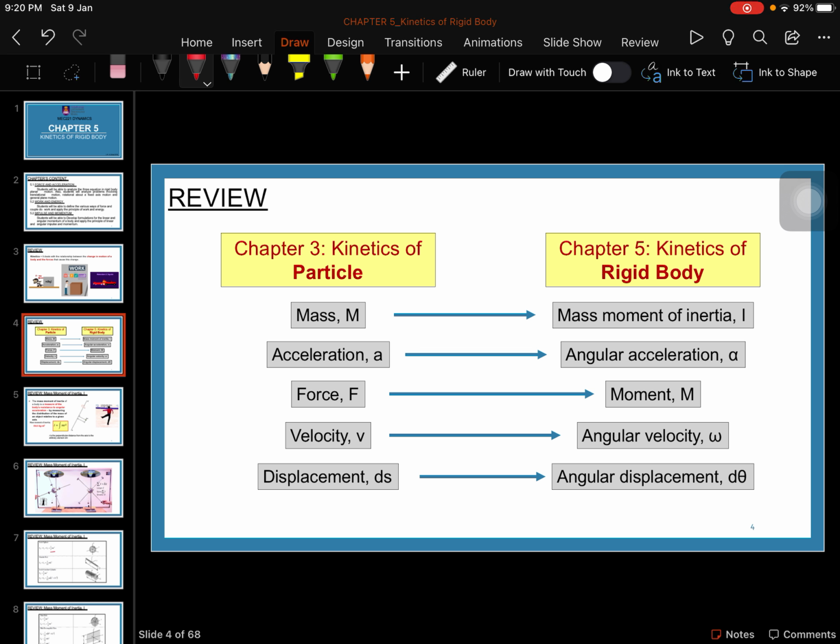In chapter 3, the keywords are mass, acceleration, force, velocity, and displacement, whereas in chapter 5, mass changes to mass moment of inertia, acceleration changes to angular acceleration, force into moment, velocity into angular velocity, and displacement into angular displacement.